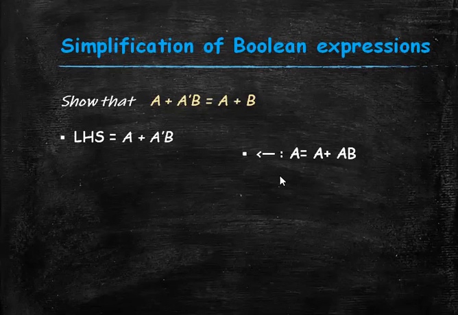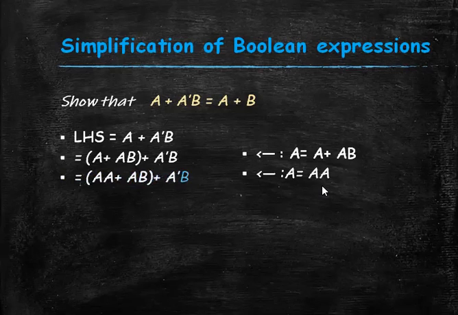For A, we substitute A or AB from the previous theorem. That is A or AB or A bar B, and also we substitute for the first A and A, then it is equal to A or AB or A bar B.